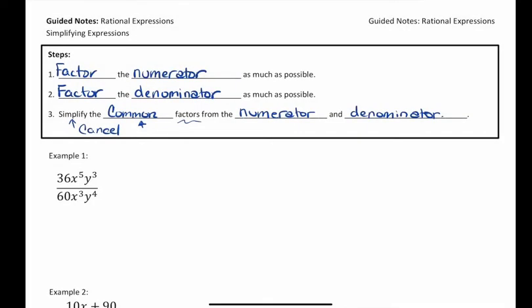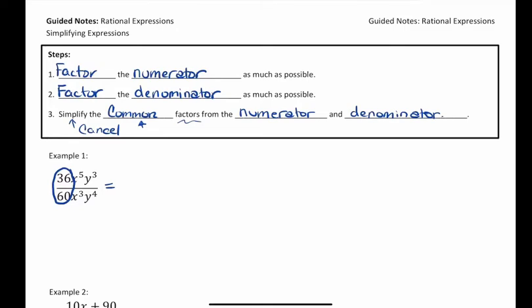Okay, this first example here. These are basically just two monomials. You have a monomial on the top, and you have a monomial on the bottom. There are a couple of different approaches you could take with this one. I think you're coming into this lesson already knowing how to do this first example, but it's worth revisiting. One approach is to eyeball the 36 and the 60 and look for the greatest common factor.